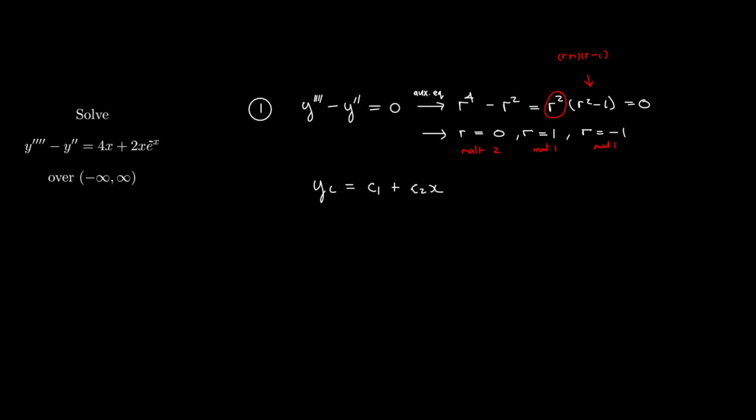So this linear term is just coming from this here. And then these two values, r equal to 1 and r equal to -1, give us solutions e to the rx respectively. And so the general solution is just going to be C3 e to the x plus C4 e to the -x. Okay, great. So that's our complementary function.